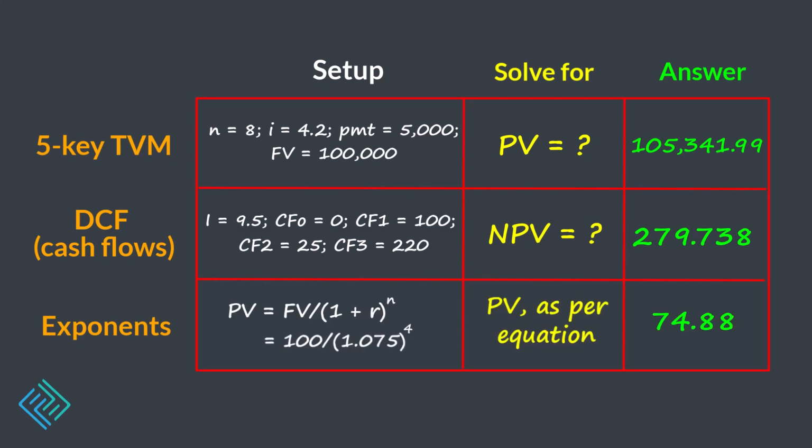The last of the 3 examples is to use an equation rather than any of the TVM keys to calculate the value of a zero coupon bond. I will be showing these details again as we go through each demonstration, so you don't need to make notes or pause the video at this stage.